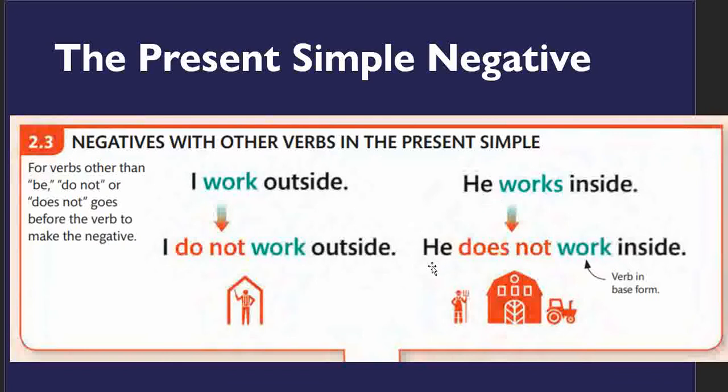You may use the subject he, work. Over here only when does not comes, the s drops away. He does not work inside. You may contract it, he doesn't work inside. At this point, requesting you to construct one such example to have a better understanding of the construction.